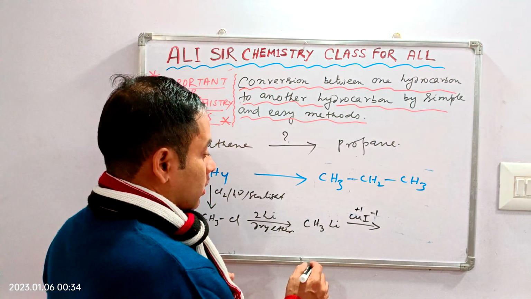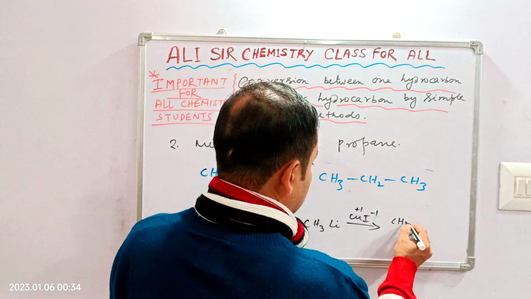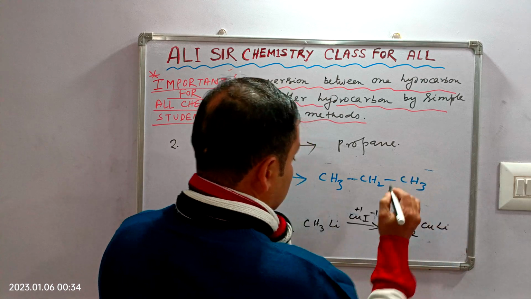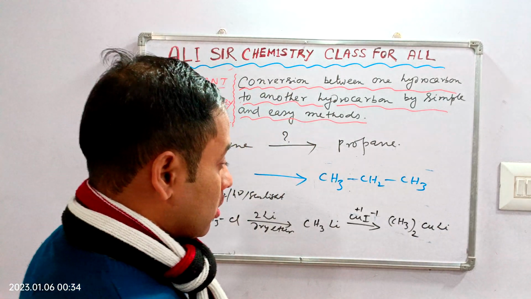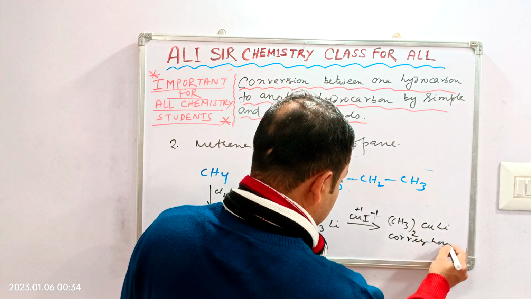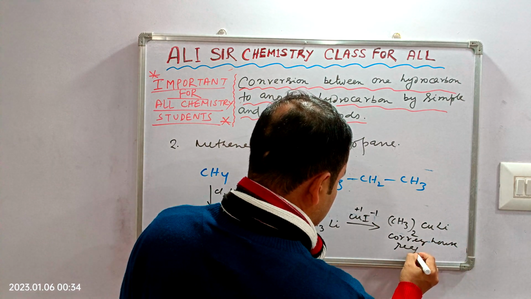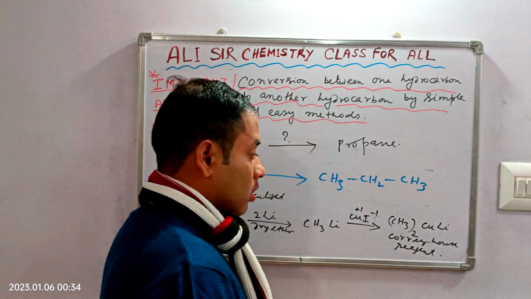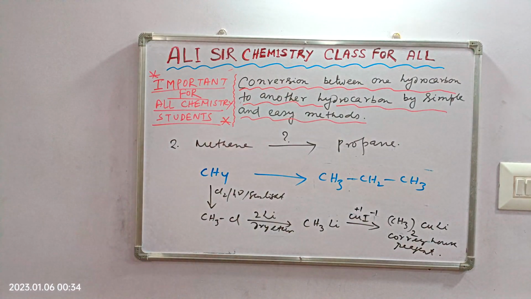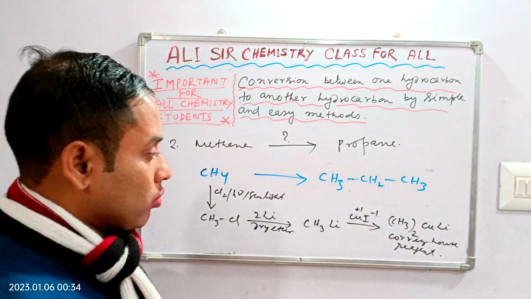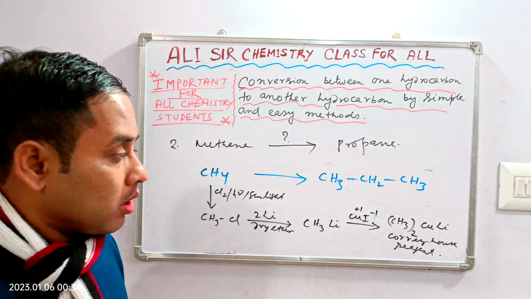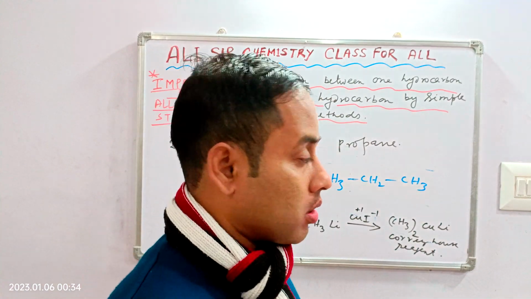If you use cuprous iodide, we get (CH3)2CuLi. This type of reagent is called Corey-House reagent. Now, what is the beauty of this reagent? Here the methyl group is acting as a nucleophile, or it can act as a base.